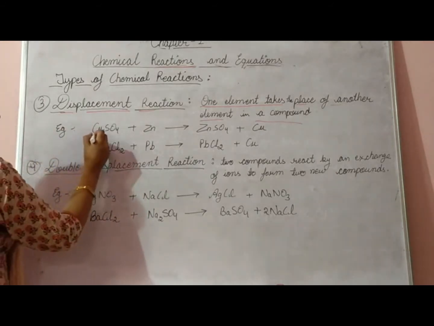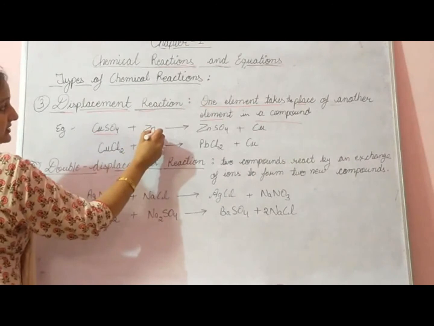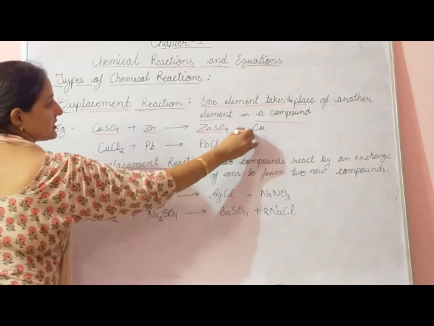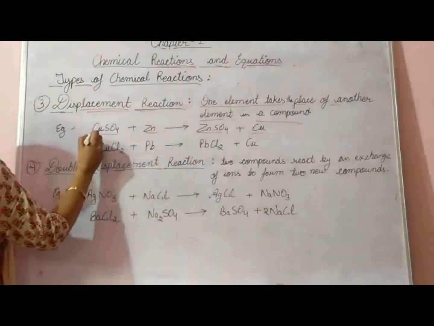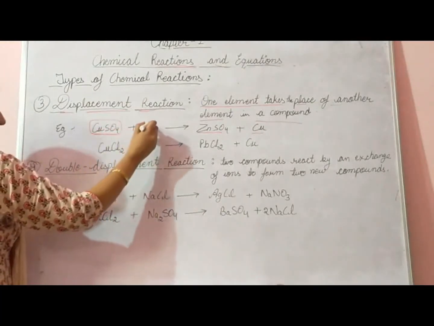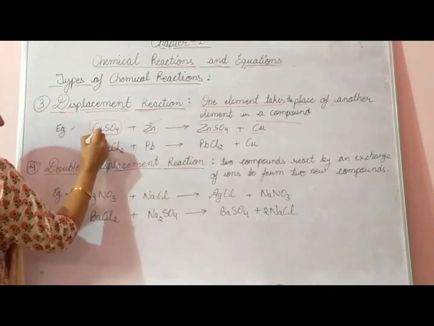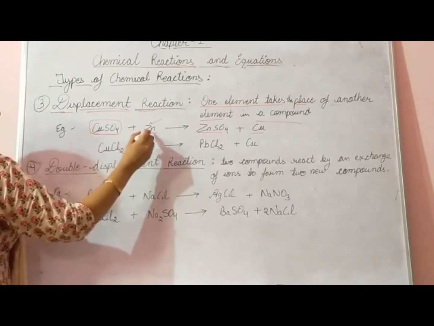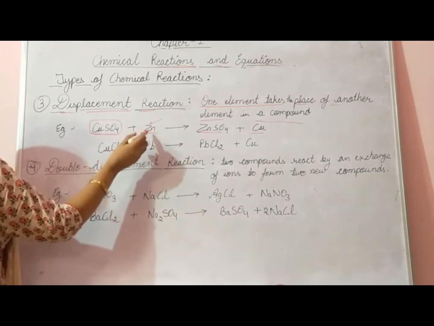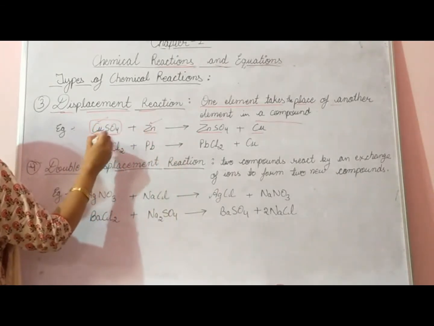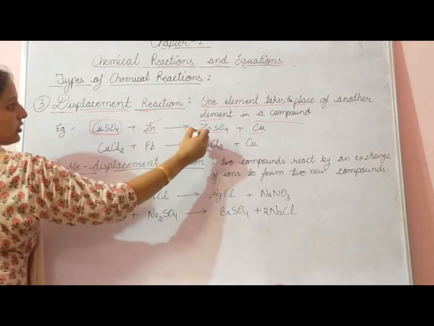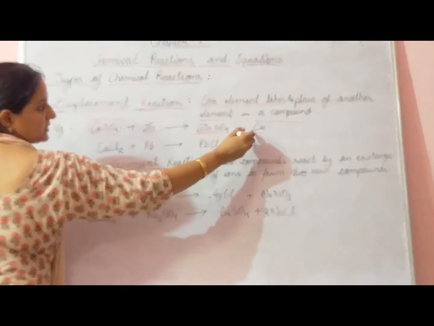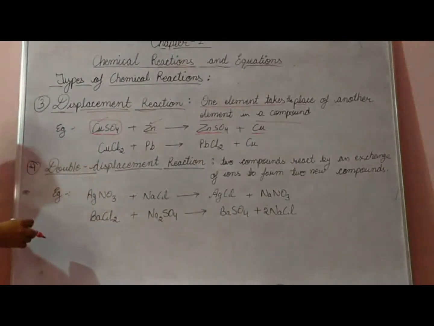For example, the reaction of copper sulfate and zinc will result in zinc sulfate and copper. Here, zinc is more reactive than copper in the reactivity series, hence zinc will replace copper from its solution and will form zinc sulfate solution, and copper is left.